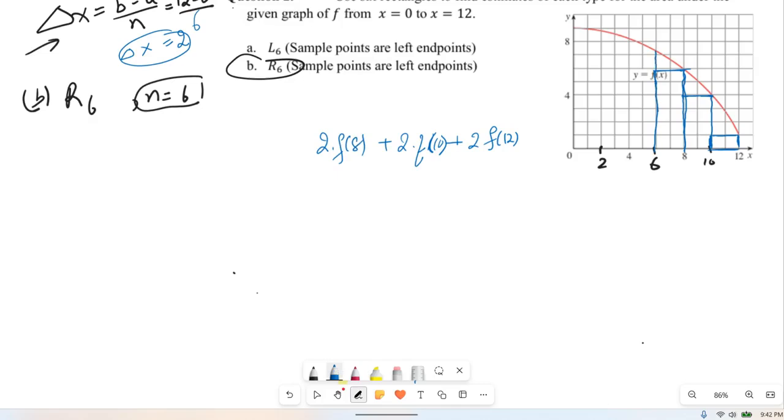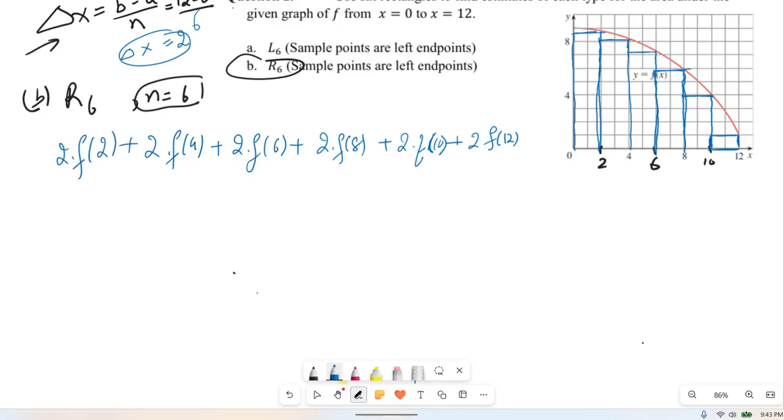F of 6 is this height. A rectangle of that height with the width of 2, 2 times f of 6. Next is f of 4. Draw the height approximately at that. That's 2 times f of 4. Last is 2 here, so that is the last rectangle. Pardon my drawing, they should be straight lines. So that should be 2 times f of 2.